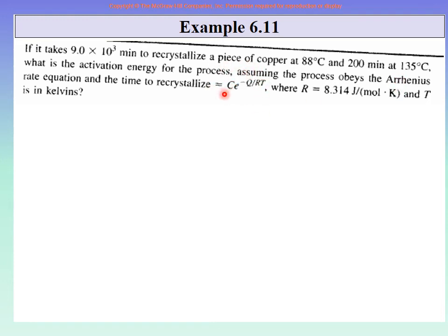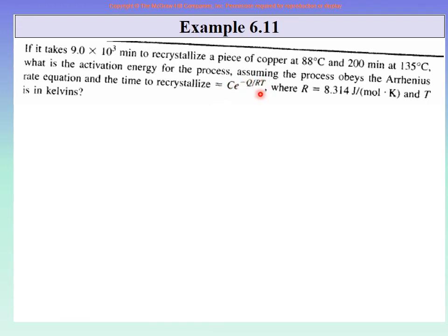Whenever you have an equation of e raised to some power, it is called an Arrhenius equation. So here the equation is given. It was not given inside the text in the discussion, but here it is given: time to recrystallize, so this is a small t, is C e raised to minus Q upon RT.